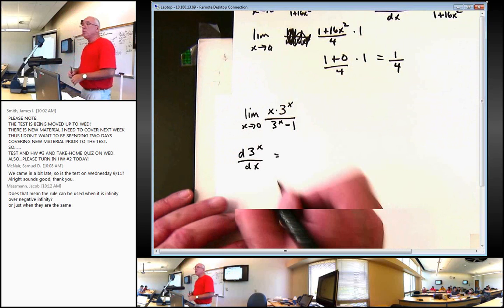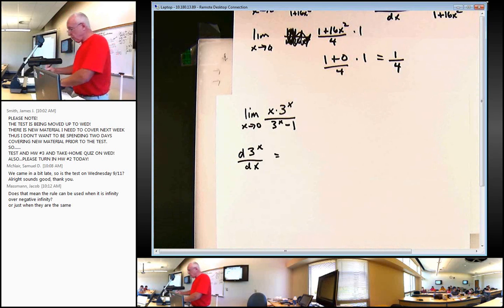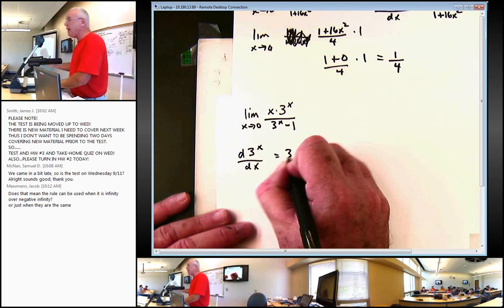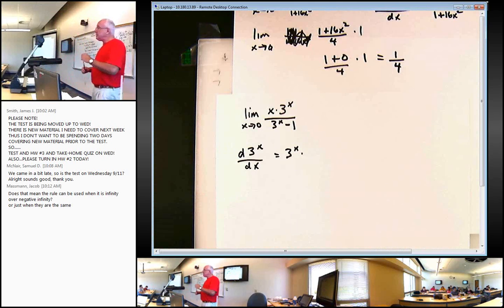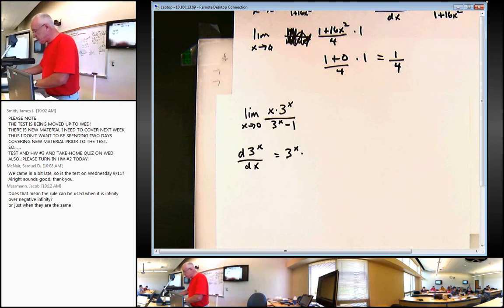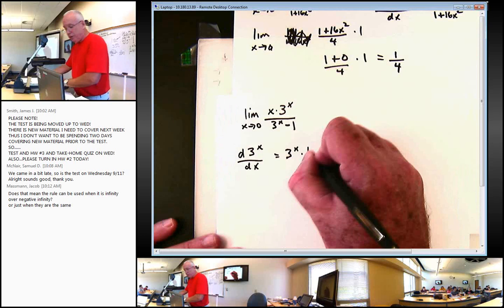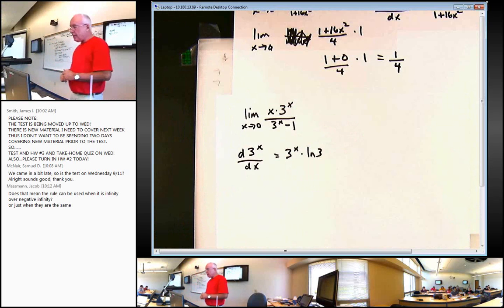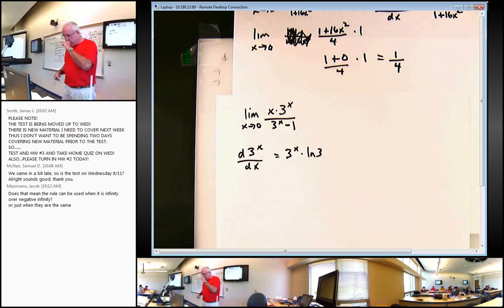With this, we repeat the function, 3 to the x power, times, and then it's times the ln natural log of the base. So times the ln of 3. Right, so that is the derivative of 3 to the x power.